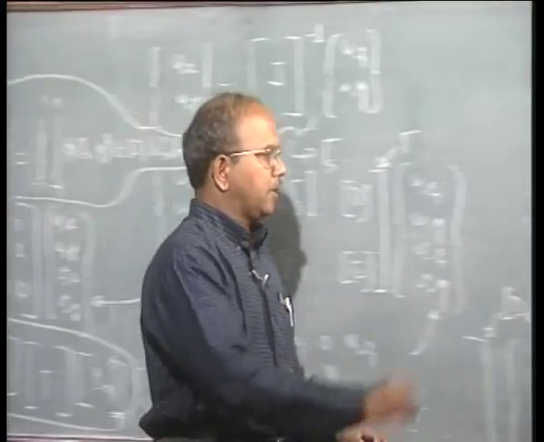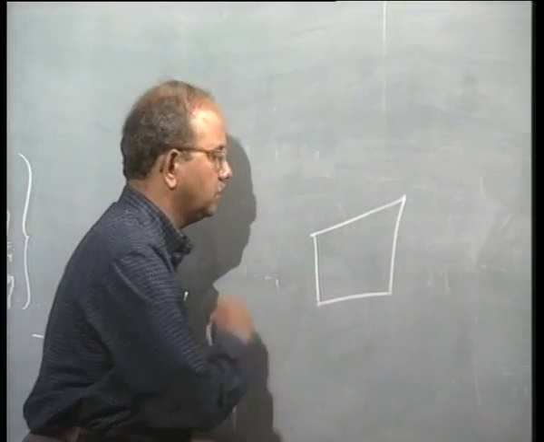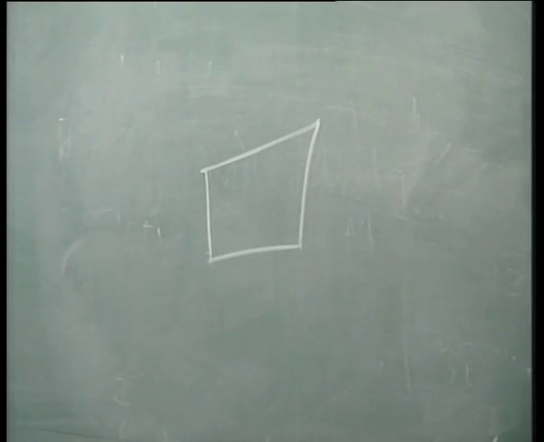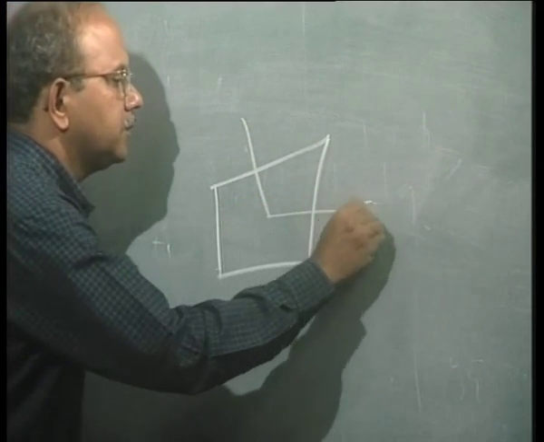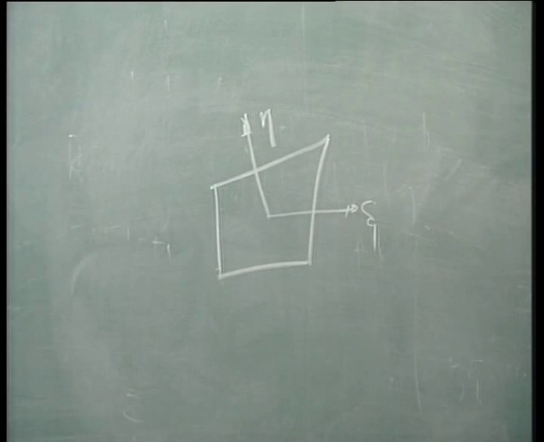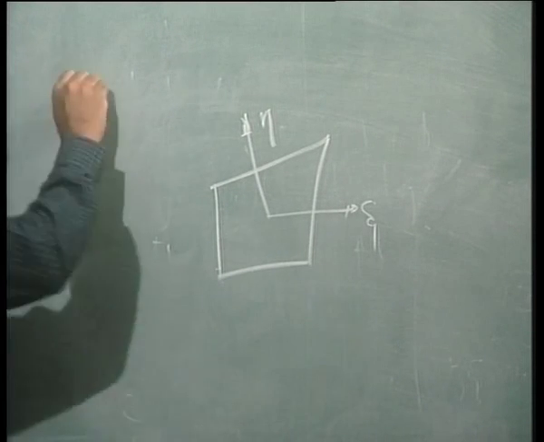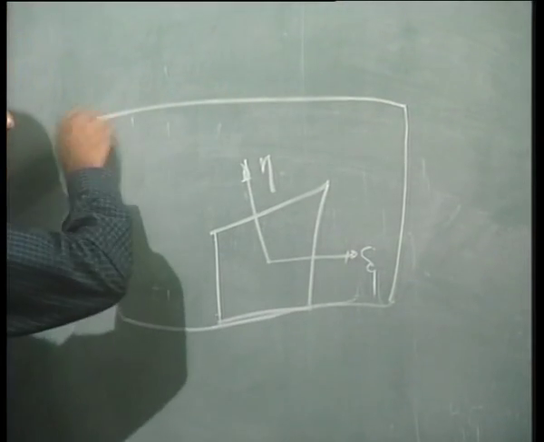Now let us look at this element. Let us say that this is the psi eta coordinate system. Let us say that this element sits on the boundary of a component. Say for example, that is the boundary of the component, and so on.